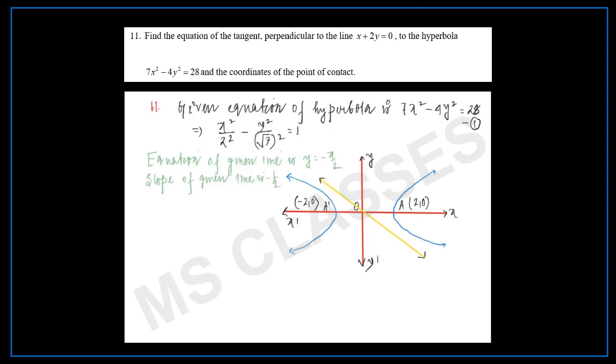Now we take a point of contact here, P(x1, y1), where the tangent will be drawn.